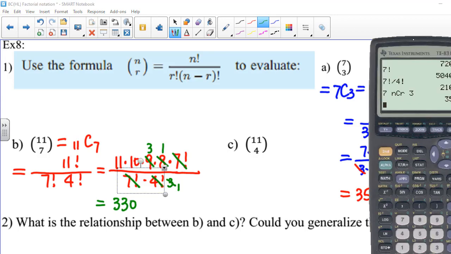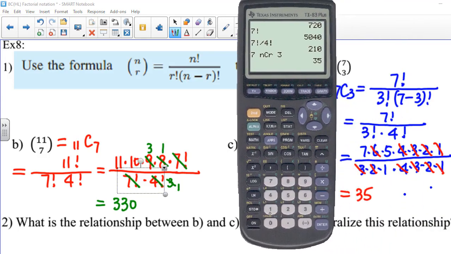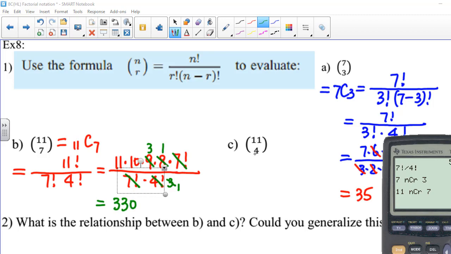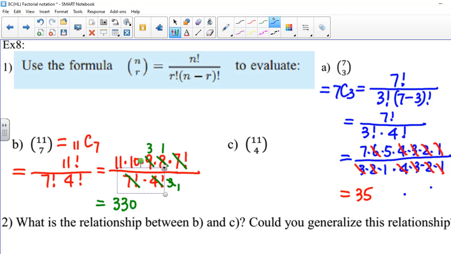Let's check the answer on our graphing calculator. 11, math, probability, function 3, r value 7, 330. Okay.